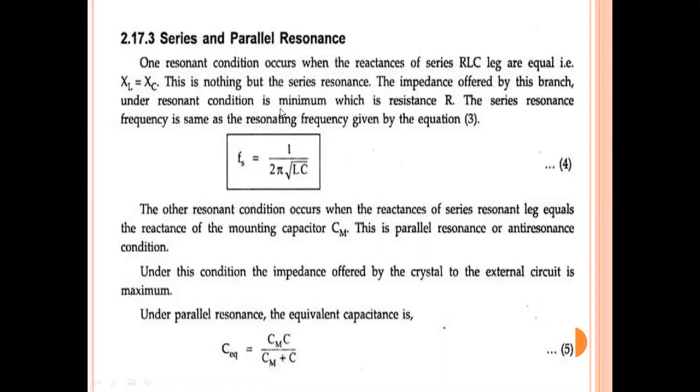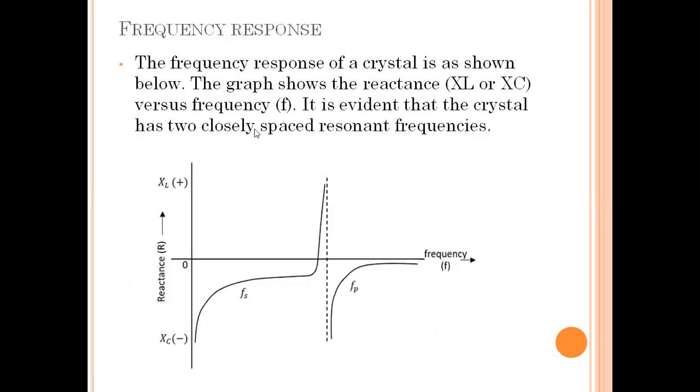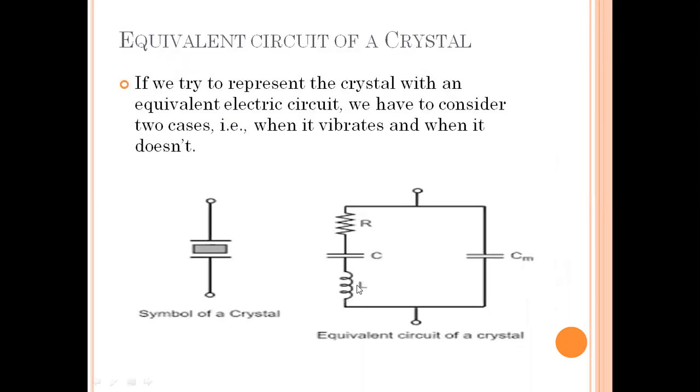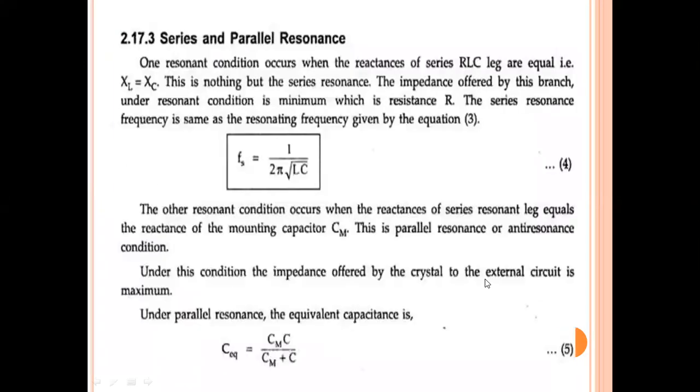And the second case, the other resonant frequency, that is the parallel resonant frequency, occurs when the reactance of the series RLC leg is equal to the reactance of the mounting capacitor. So when the reactance of this RLC leg or RLC path is equal to the reactance of CM, then we can get the parallel resonant frequency FP.